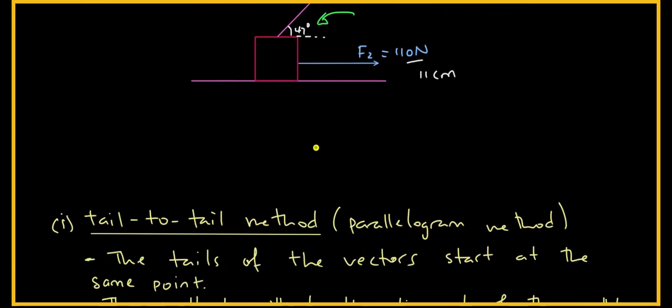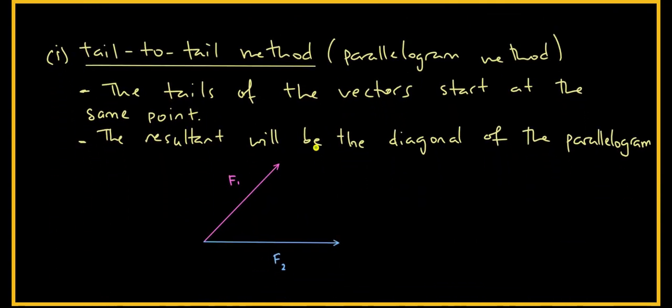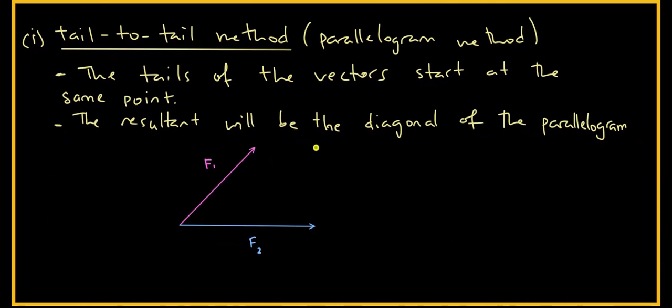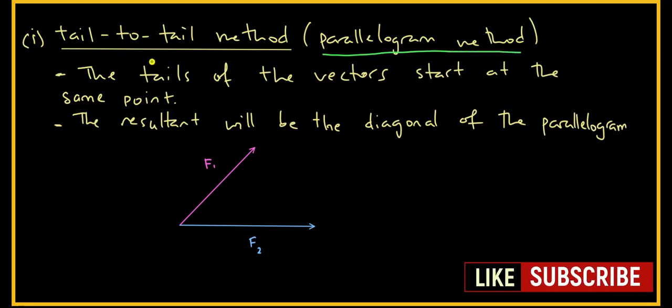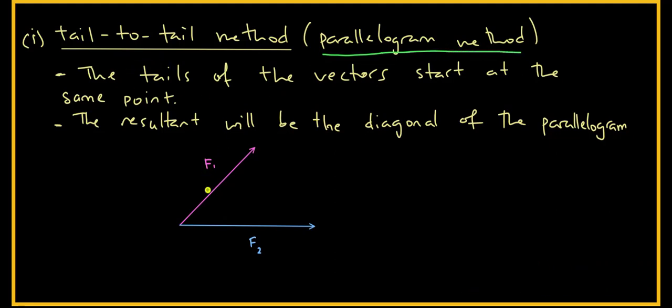The two methods that we have are what's called the tail to tail method, or sometimes known as the parallelogram method. You put the two tails of these vectors such that they start at the same point.